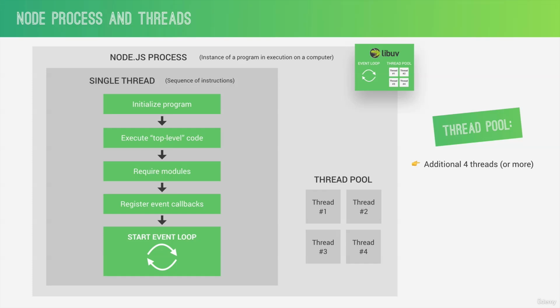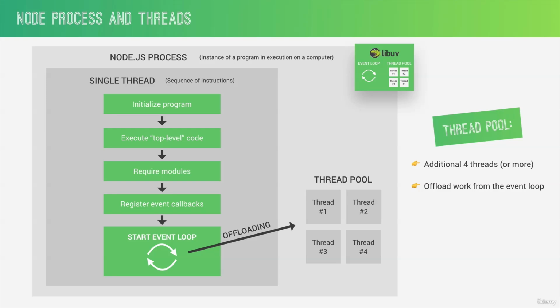So these threads together form the thread pool, and the event loop can then automatically offload heavy tasks to the thread pool. And all this happens automatically behind the scenes. It's not us developers who decide what goes to the thread pool and what doesn't, alright?